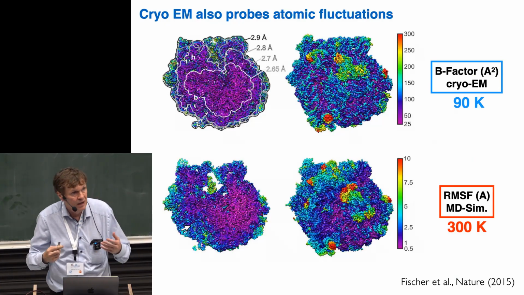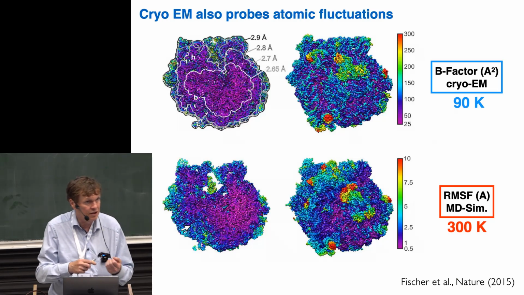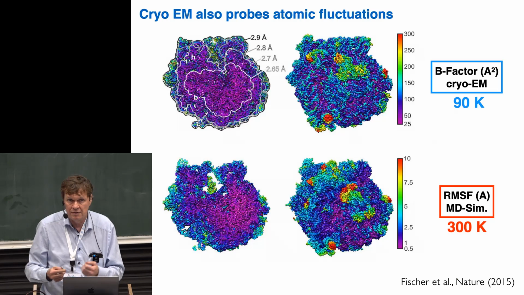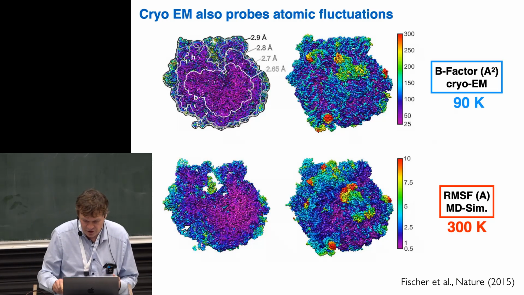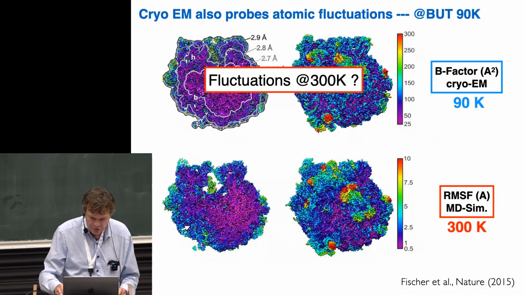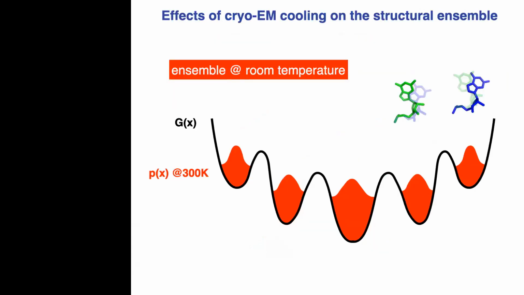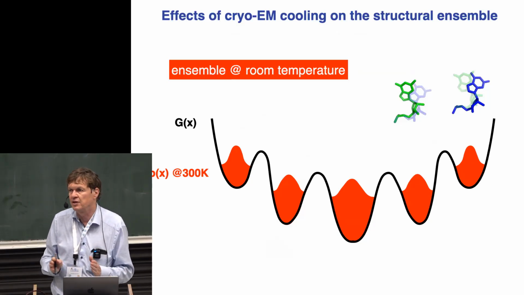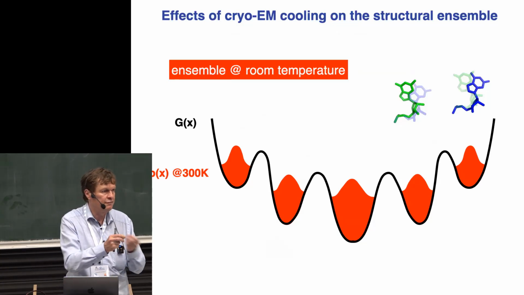So again, to what extent does such a cryo-EM ensemble actually reflect the conformational dynamics at room temperature? To that, just a very short intuitive picture here. You may know that proteins can adopt many different conformations.